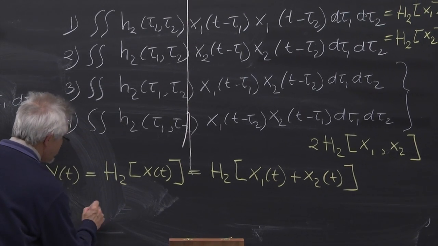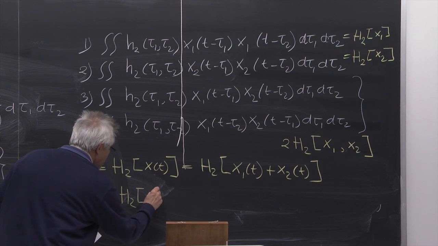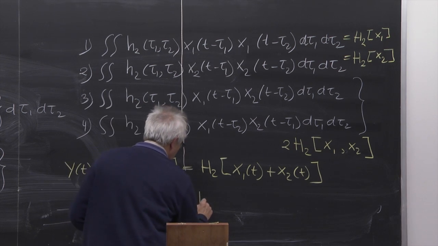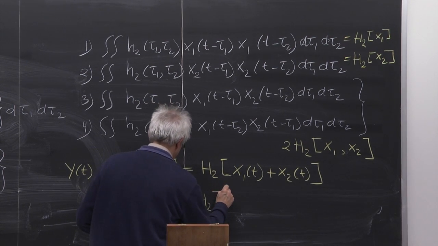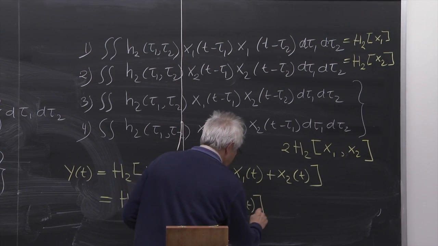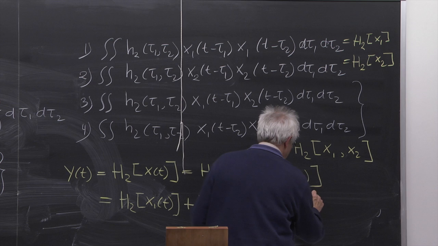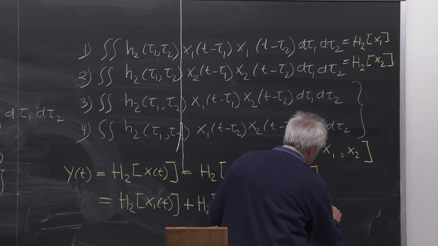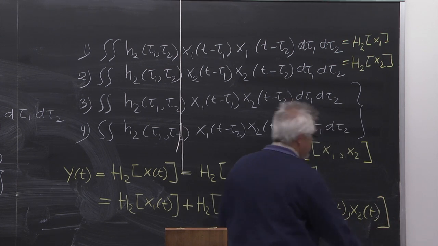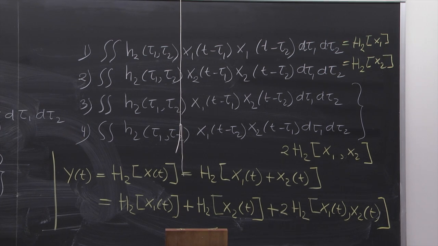And what we just found is that that is nothing else than H2 of x1, the first term, plus H2 of x2, the second term, plus 2 times H2 of x1 and x2, which is the third and the fourth term. So this all summarizes our result.